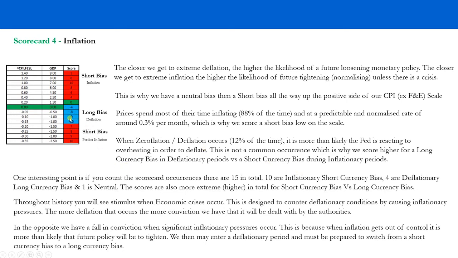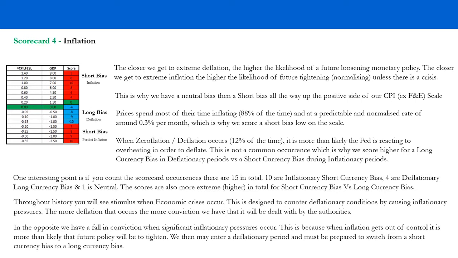So you can see the magnitude of the numbers here in the deflationary zone. The magnitude of the numbers goes up very, very quickly in a very tight range. So you can see we have extreme scores for deflation in the negative. Now, one interesting point is if you count the scorecard occurrences, there are 15 in total. 10 are inflationary, so short currency bias. 4 are deflationary, long currency bias, and 1 is neutral.